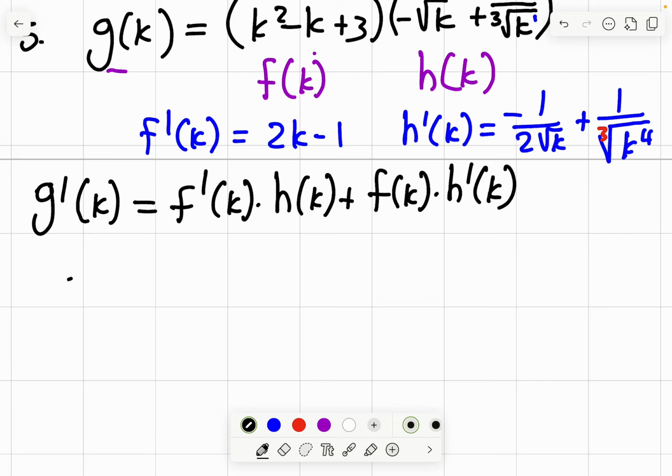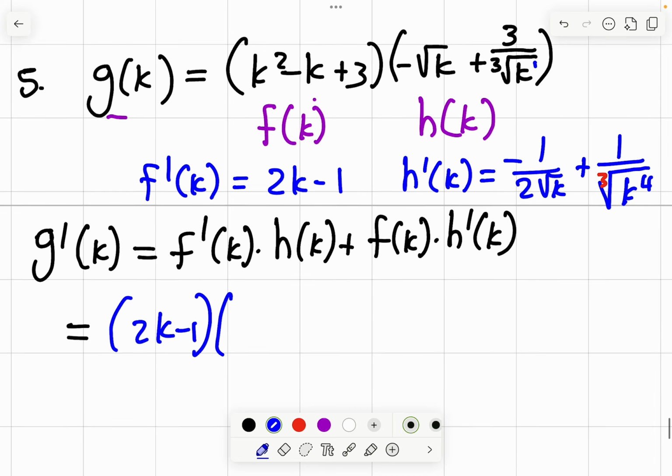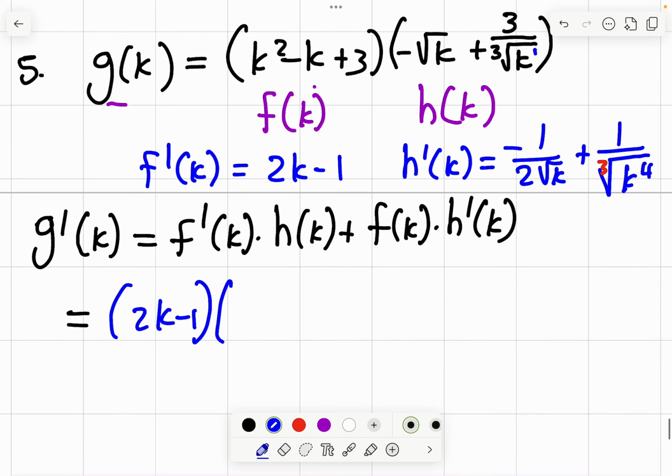So let me substitute whatever I have there. F prime of k is 2k minus 1. Then h of k we keep as it is. We are going to have negative root k plus 3 over 3 root k.